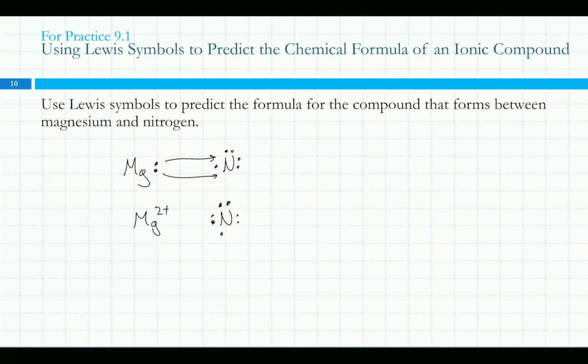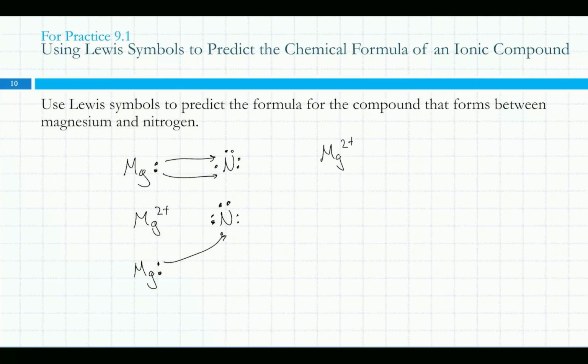So again, a lot of the times we draw these as individual atoms on a page, but you're not going to ever really be able to react a single magnesium with a single nitrogen. So if this nitrogen's floating around and there's also magnesium around, it can steal electrons from another magnesium. So then, let's see.